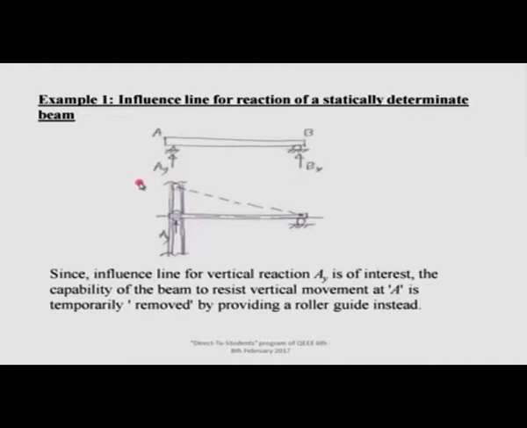Only thing missing here is that I do not have any idea what this length should be for finding the quantities elsewhere. That means I cannot use it directly for finding the quantities, because it is not based on the unit load concept, but definitely it gives me a very accurate description of the shape of the influence line, and once I know it, I can do it very easily.